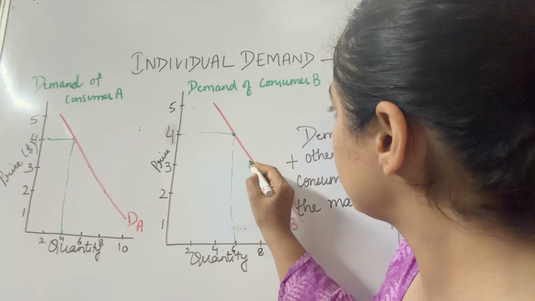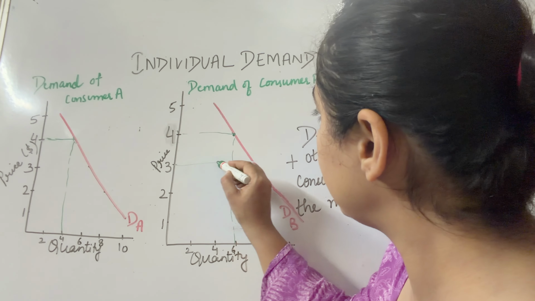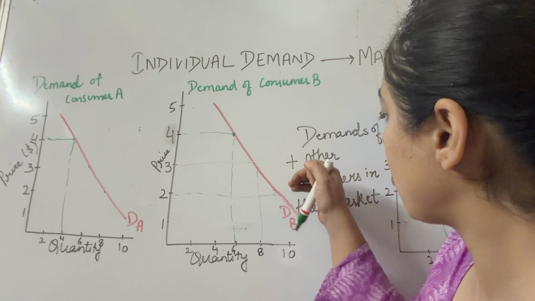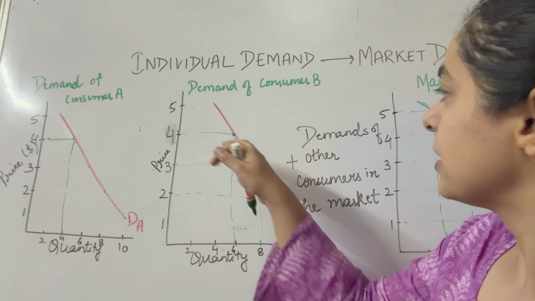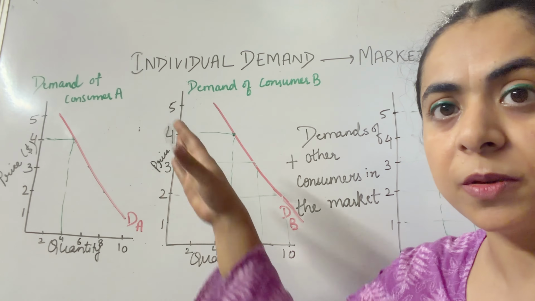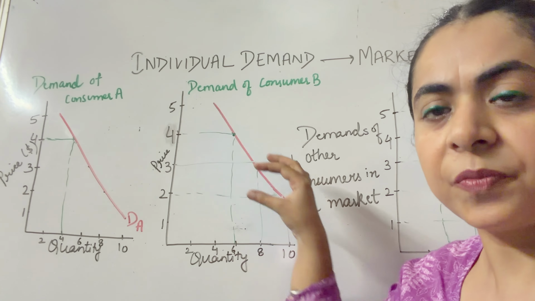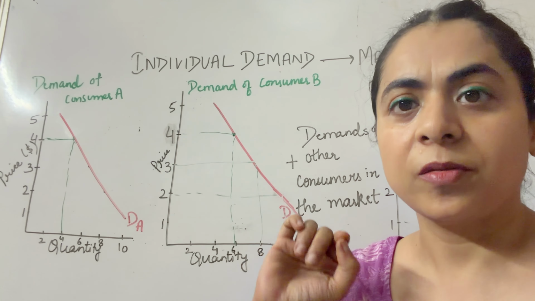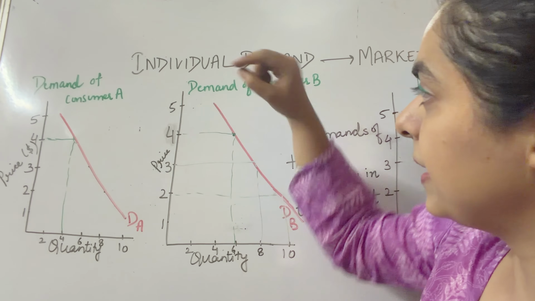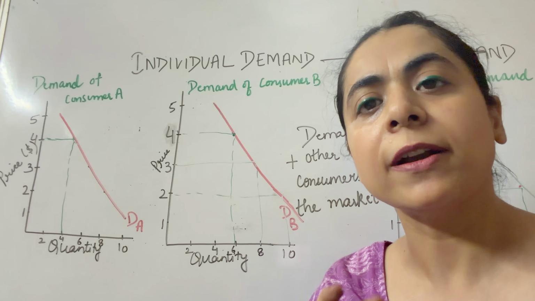As price falls, the quantity demanded increases to 6. Similarly, as price falls further, the quantity demanded increases to 8. So all these various combinations at all possible prices represent the individual's demand, whereas a particular price and quantity combination refers to quantity demanded.